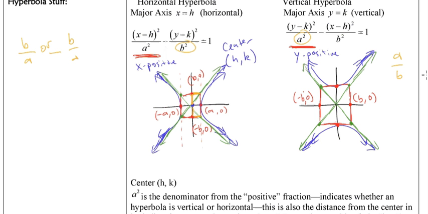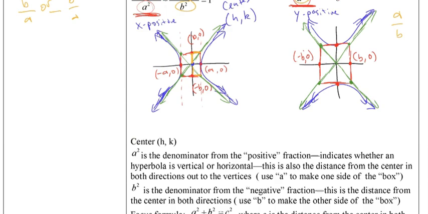And the vertices are the square root of our denominator, and the would-be vertices are the ones underneath your subtracted, negative denominator.